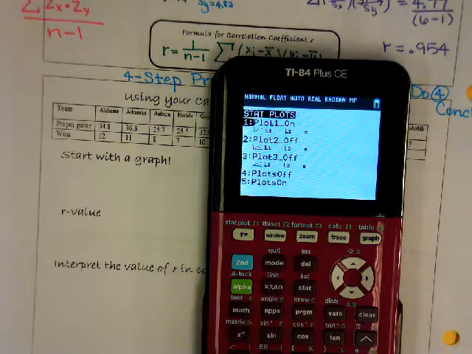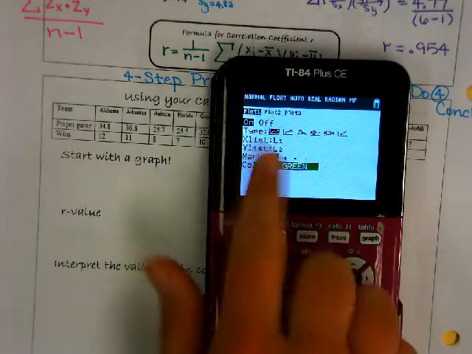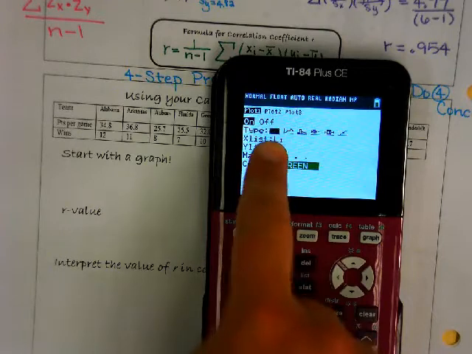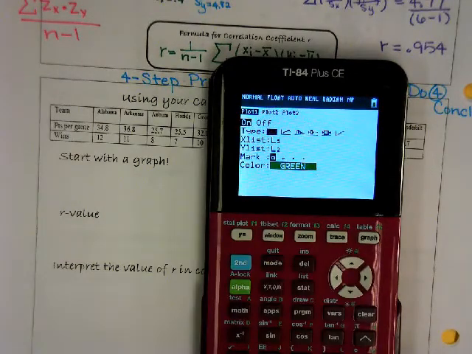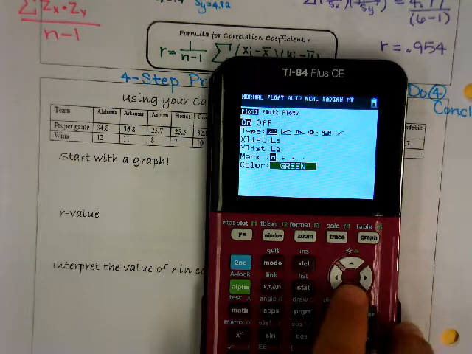Make sure On is highlighted. Choose the first little graph icon. Hopefully you have it in list 1, list 2, because that's the default. If you don't have your data in there, make it say list 1, list 2. And then hit graph.